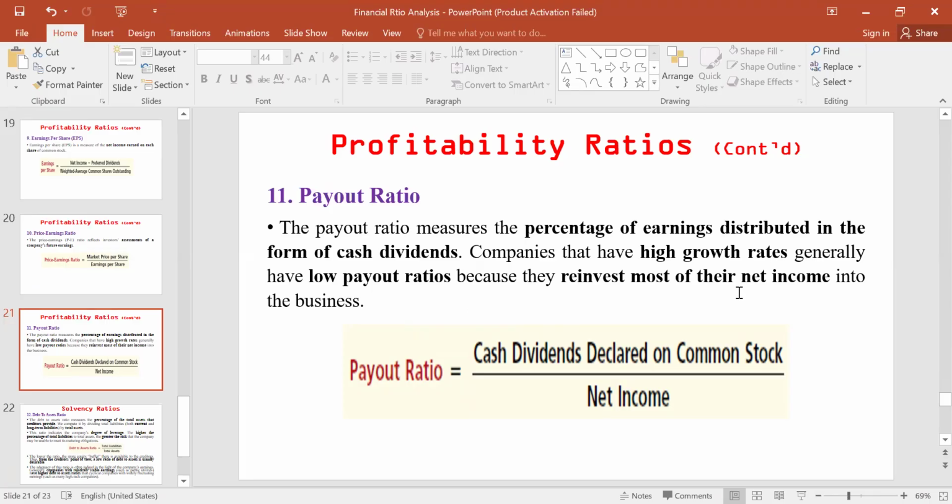Companies that have a high growth rate generally have a low payout ratio because they reinvest most of their net income into the business. So we have to maintain the payout ratio with critical analysis, because dividends and earnings per share differ depending on this ratio. The common formula: payout ratio is cash dividends declared on common stock divided by net income.